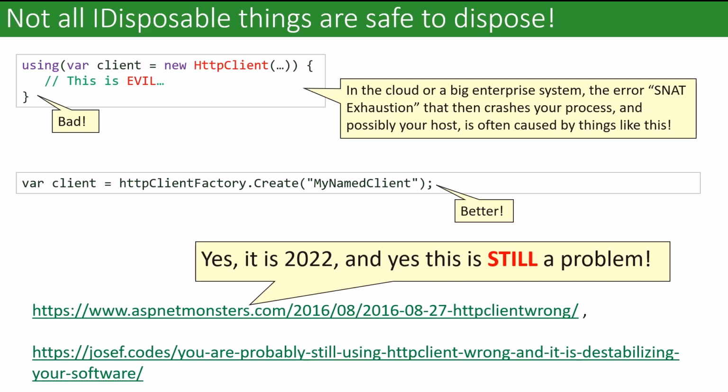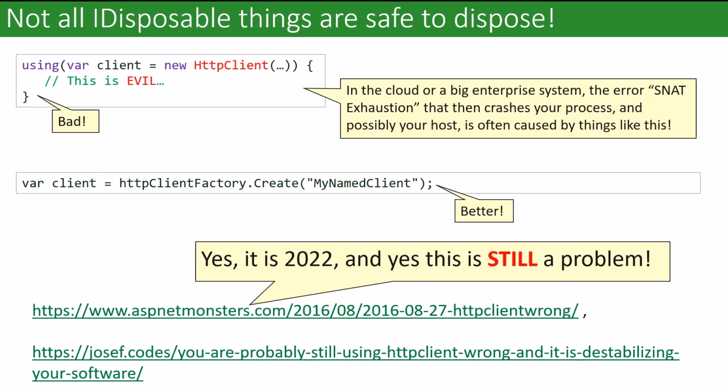But if you're running an enterprise or cloud app, running a couple of hundred transactions a second, and you're allocating and deallocating HTTP clients, you can have your whole process and even your host crash and burn in the middle of your unit of work, losing your unit of work, which really bites. And you'll see something called SNAT exhaustion a lot of the time. You've literally run the operating system out of available networking slots. You can Google SNAT exhaustion and read all about it.